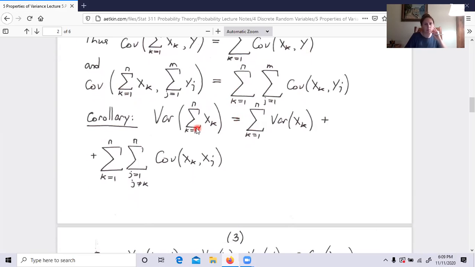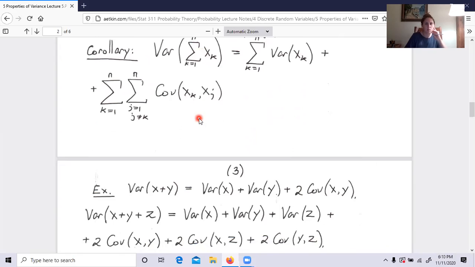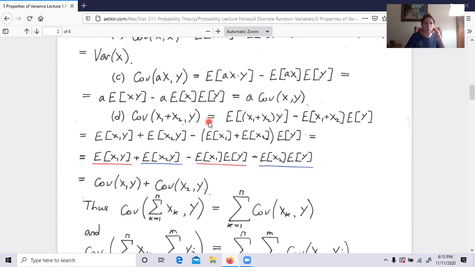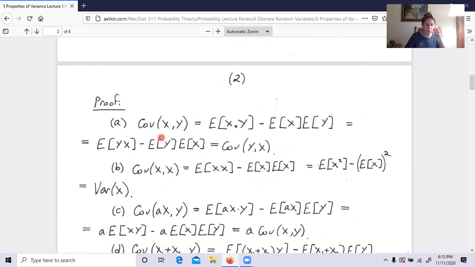So now we have variance of a sum. What is a variance of a sum? Variance of a sum now is covariance of the same sum against itself. Agreed? Remember, covariance is just a generalization of variance.